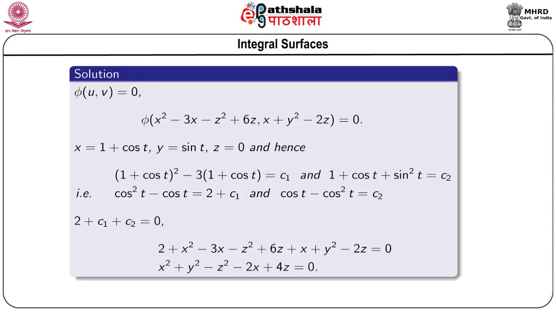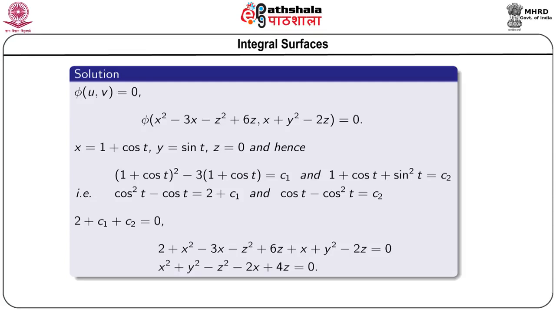If we substitute this parametric form into the one integral u equals c1, it becomes (1 plus cos t) square minus 3 into (1 plus cos t) equals c1, and v equals c2 gives 1 plus cos t plus sin square t equals c2. Now, from these two equations, one can eliminate t and get the relation 2 plus c1 plus c2 equals 0.